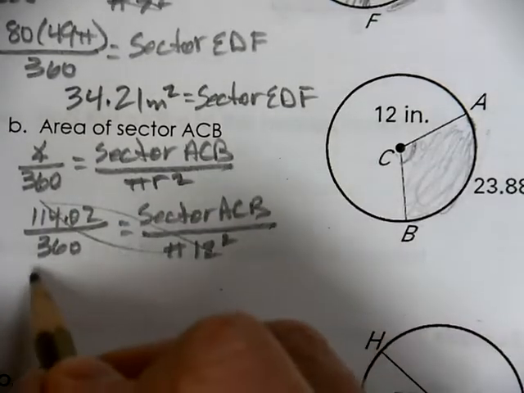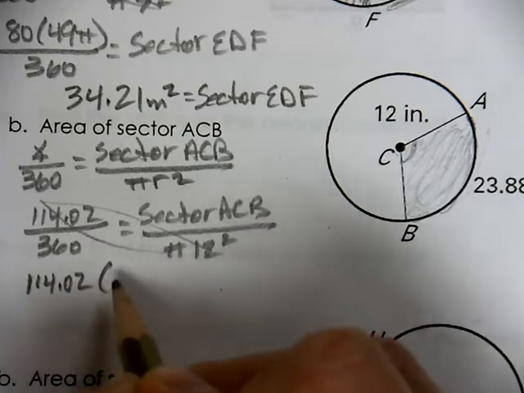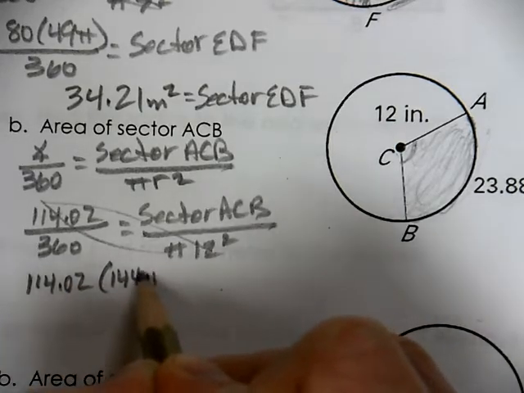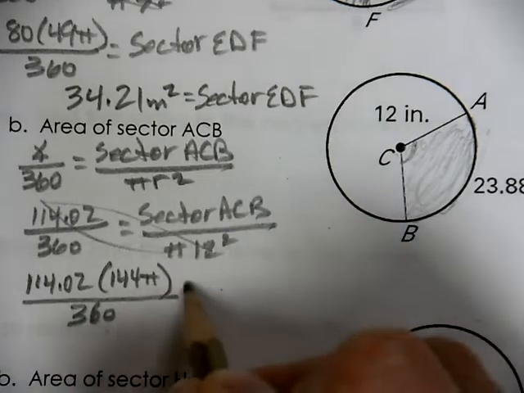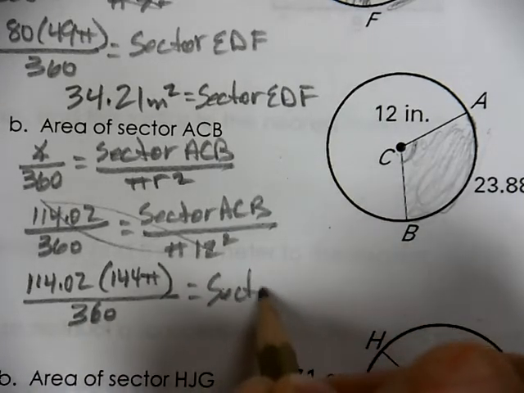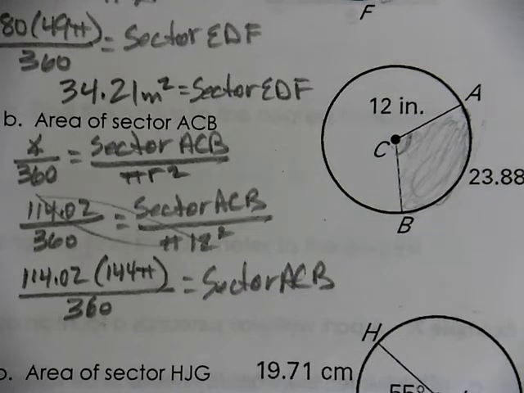So when we cross multiply, we get 114.02 times 144 pi over our 360. That equals the sector ACB.